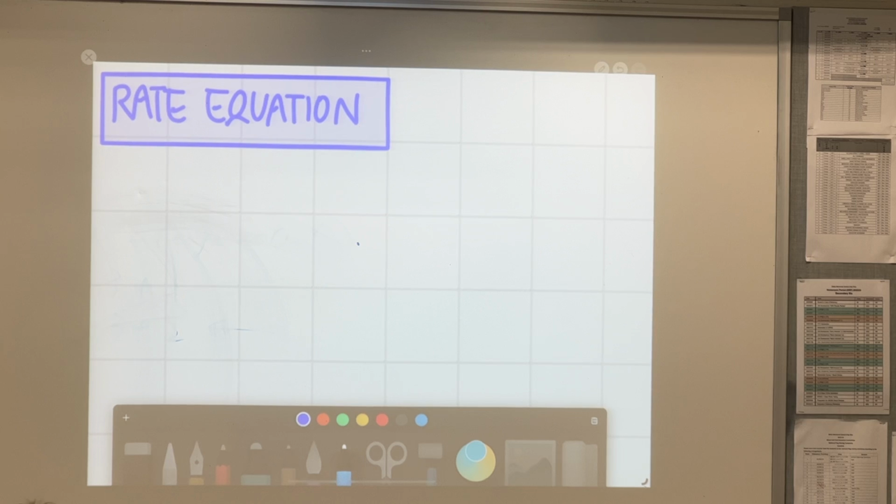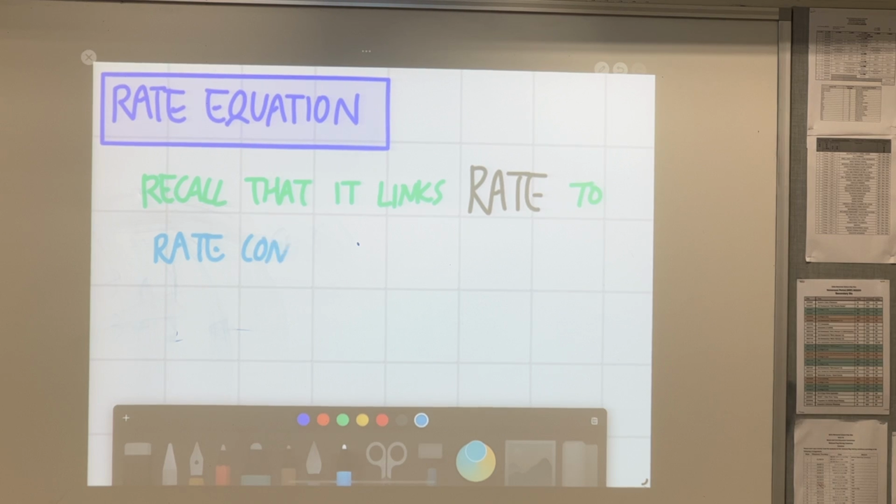Order of reaction. Yes, okay. I'm not going to go into detail because we have mentioned this quite a few times already. So recall that it links rate to 3 factors. One is the rate constant, the other is the concentration, and finally the order of reaction.